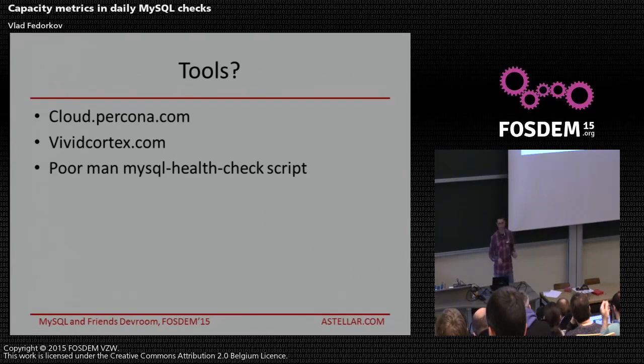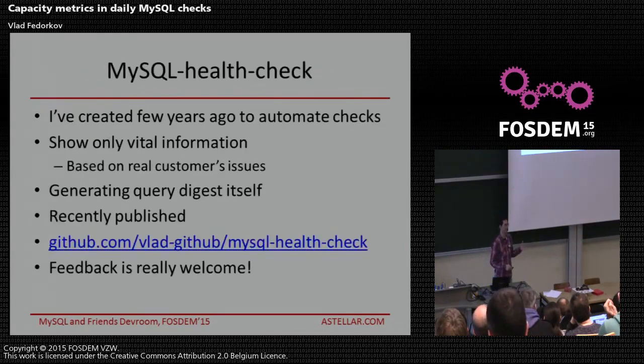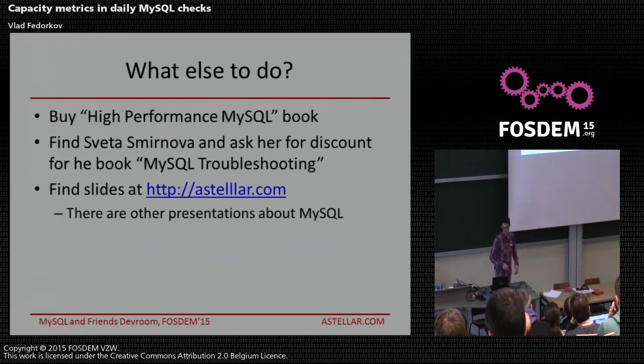For myself, I created a poor man's health check script that collects all the information once a day and sends me an email with it. I'm not saying you should use it. There are lots of tools that already exist. I just created it for myself, and so far I like it. You can go to GitHub and take a look at it if you like.